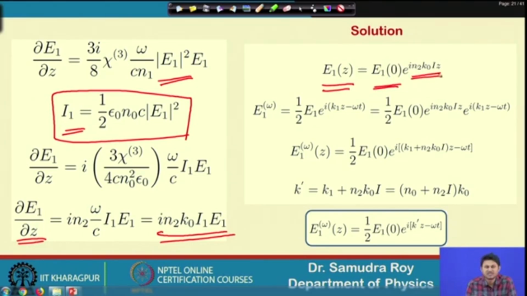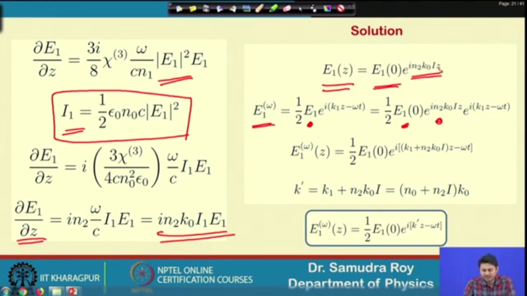So, we have a modulation in phase. We will see that in the next class also, but here if I want to find out the total electric field E1 omega, which is half of E1 e to the power i(k1z minus omega t), then this E1, which is the amplitude of this quantity, can now be replaced by this solution. So, I write E1(0) and then the corresponding phase. That means the amplitude of these things is not going to change, only the phase is going to evolve with z.